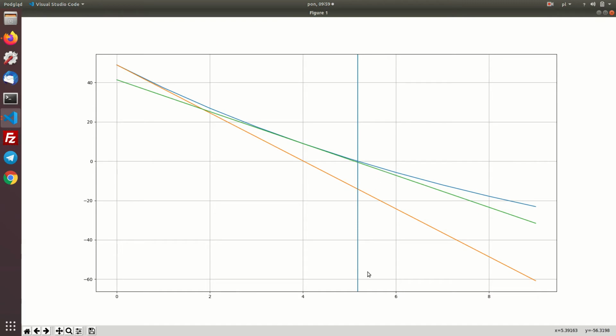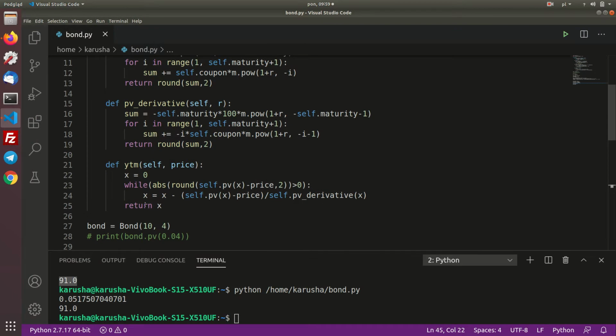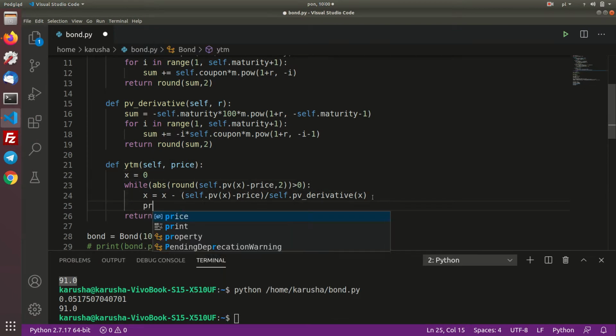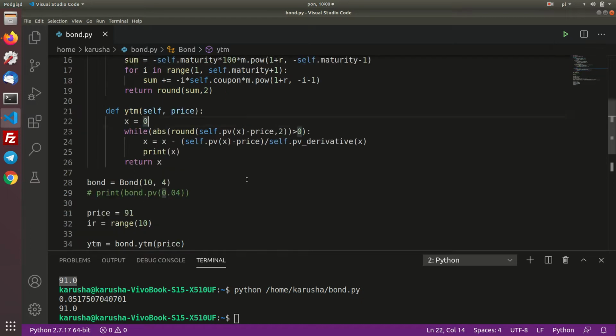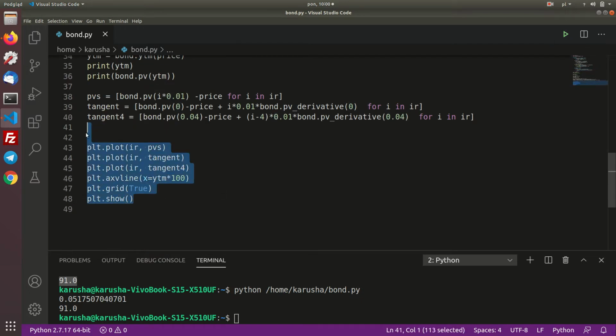As you can see, our yield to maturity is 517. This is what we expected, and we got there pretty quickly. So let's actually check how many iterations we went through. For each of those, we're going to print our guess. Let's run it again. For now, we're not going to use the plots.